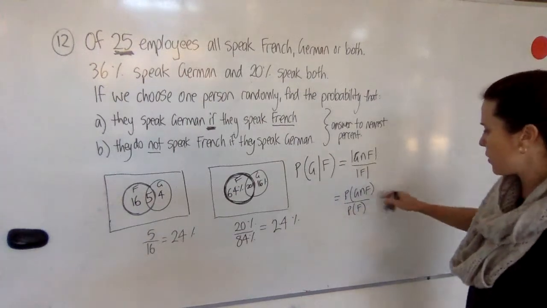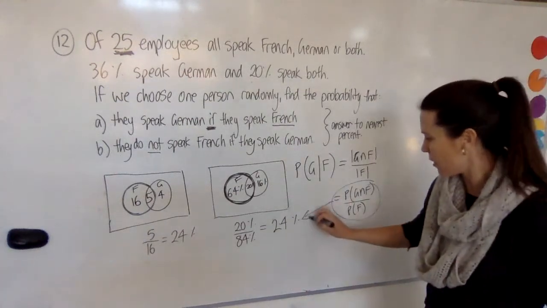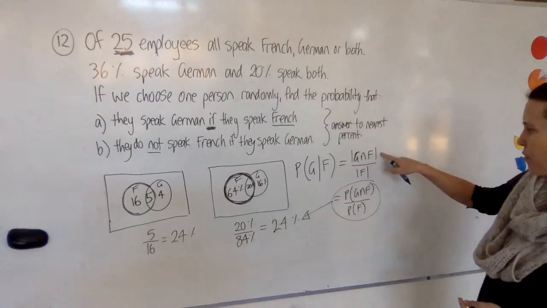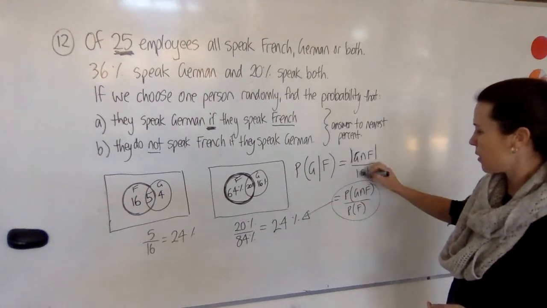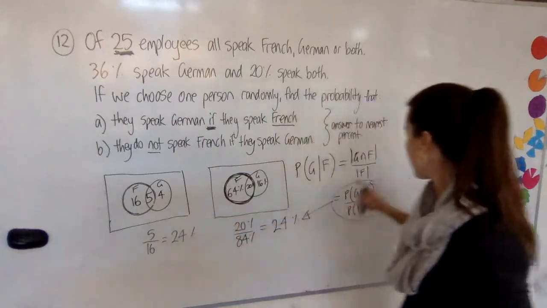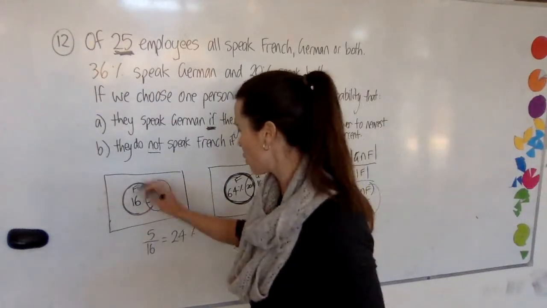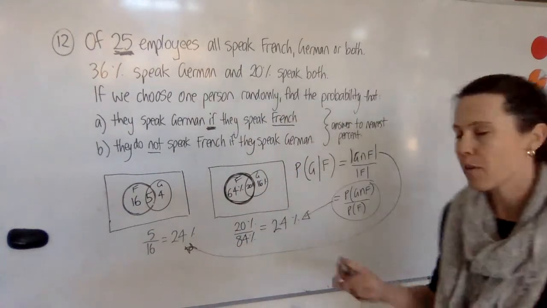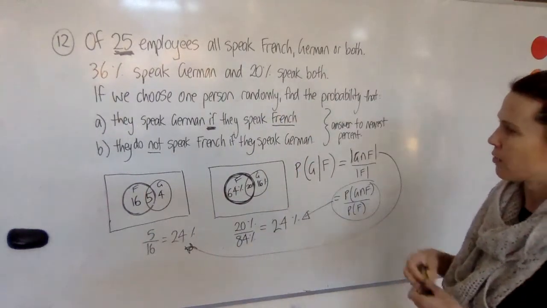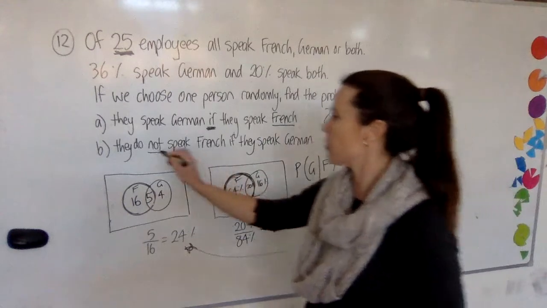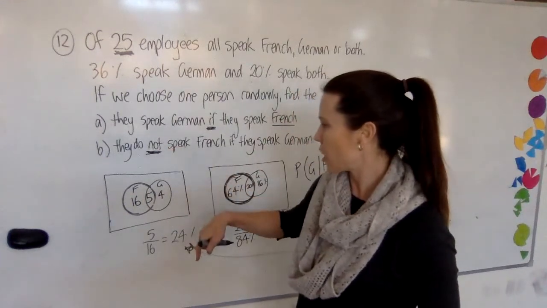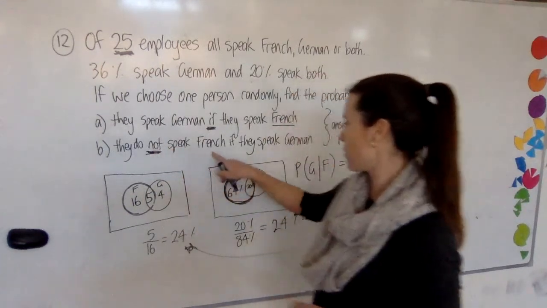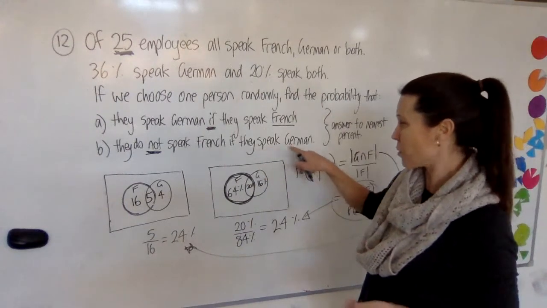Now, people who use this formula, that's what we've pretty much done there. Or over here, if we found the number that are in the intersection over the number that are just in the French circle, that's pretty much what we did in this method. So both of them work just fine. Now for the second part, we've got to notice this not. What are the chances that they do not speak French if we know that they do speak German?